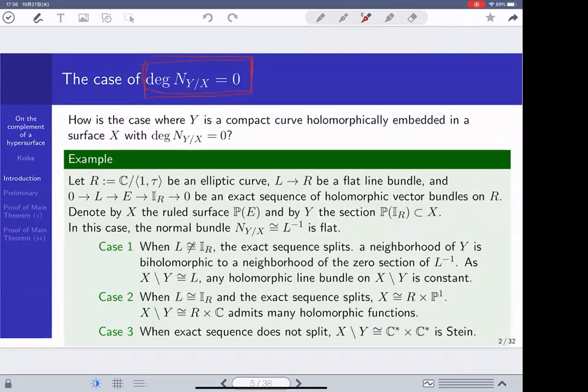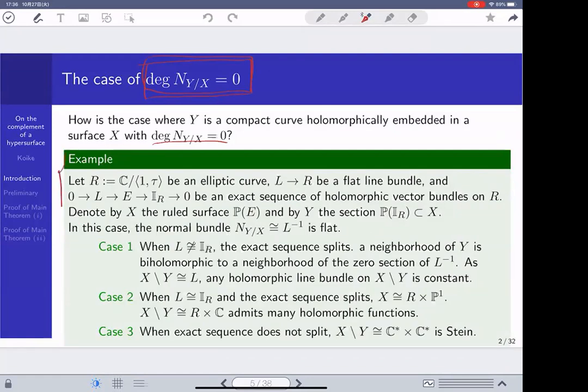For example, when Y is a compact curve holomorphically embedded in a surface X, and the normal bundle is topologically trivial or unitary flat? The conclusion is a bit complicated.